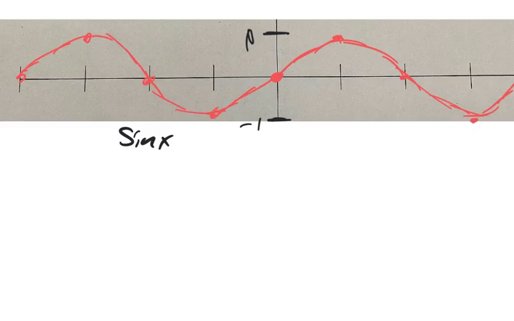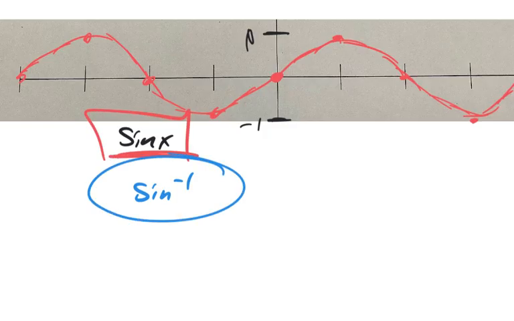And I want to have something that is the inverse of sine. Right? So sine is what's in x. I want the inverse of sine. So, do you guys remember how we find inverse functions? What do we do to find inverses?